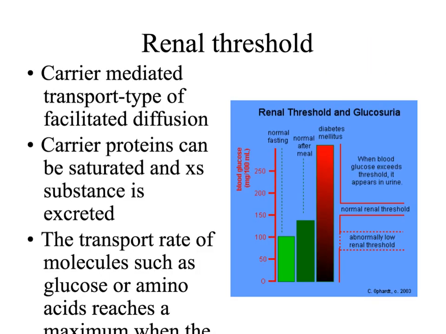I wanted to mention here what happens when you reach the renal threshold. There are several substances in the bloodstream that your body will push into Bowman's capsule, but you reabsorb them, so your body's going to keep it. But you're using carrier proteins to bring that back into the body.